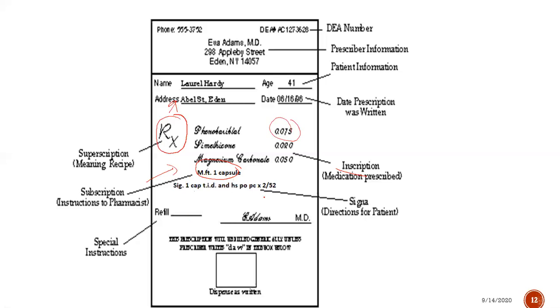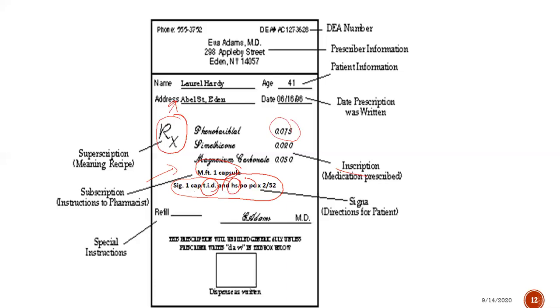And then you have the signa. This is what is going to tell the patient what and how they're going to take the medication and for how long. So the frequency here, TID, we will determine what that means in a moment, and HS, these are frequencies.